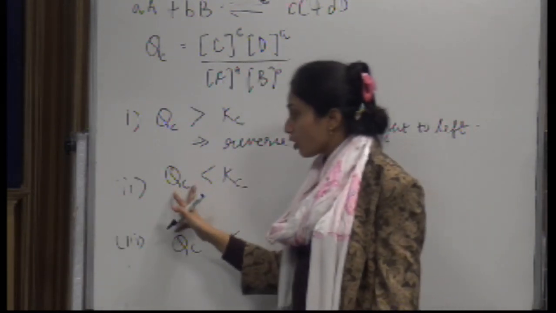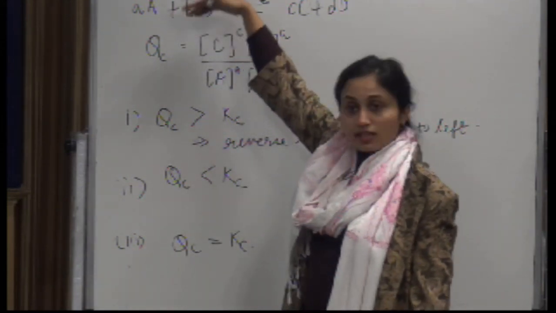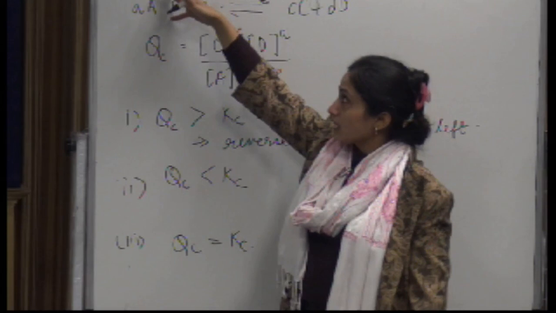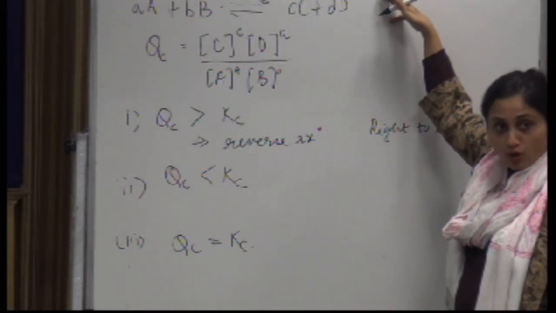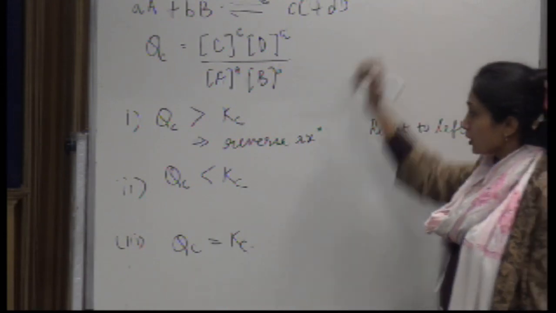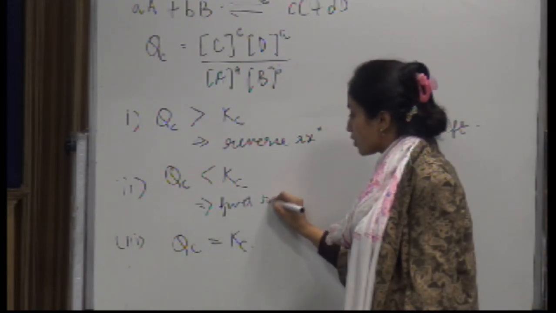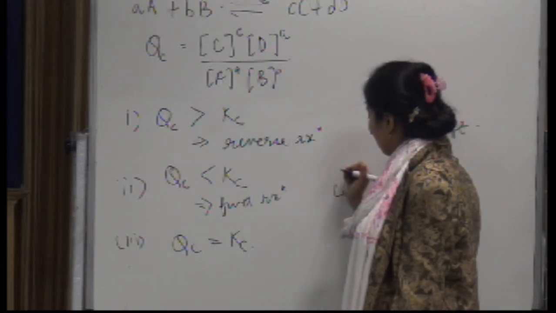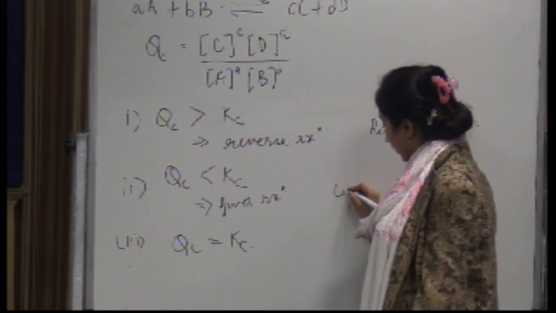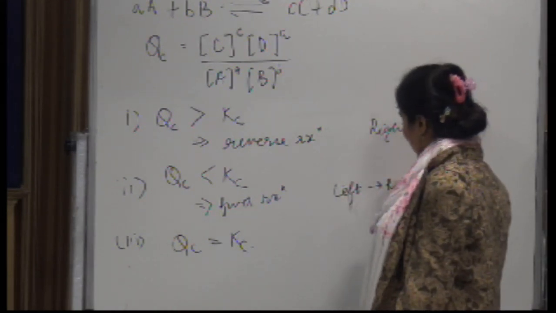If the concentration of the product is less, that means reactants are more, so the reaction can move towards equilibrium, towards more formation of products. So in that case my reaction will be a forward reaction. That means it will move from left to right.